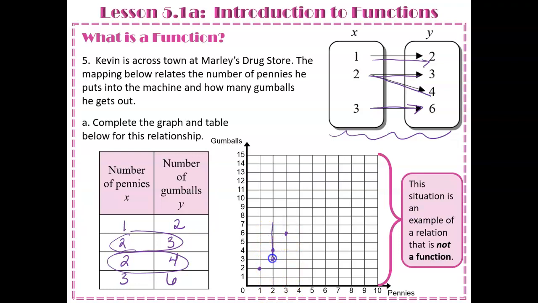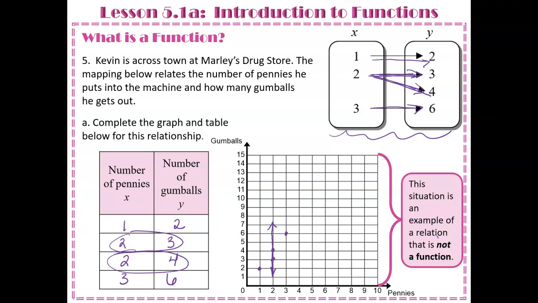So you can see right here, if I drew a vertical line right there, that's called the vertical line test. It goes through more than 1 point at a time. So that disqualifies it from being a function. If you look at the mapping diagram here, if any of your x's have more than 1 arrow coming from it, that's also a way that you can tell that this isn't a function.